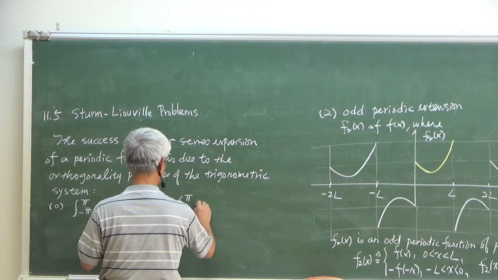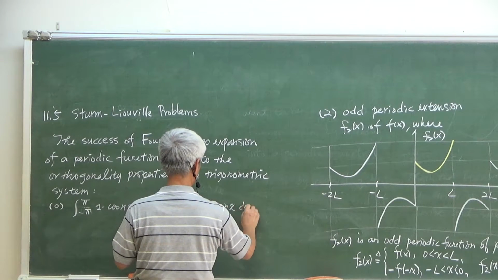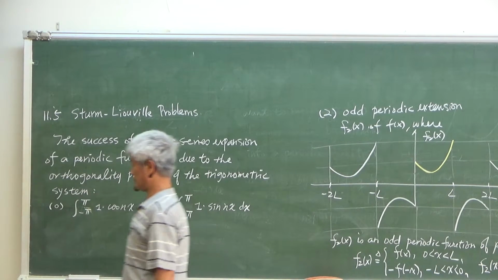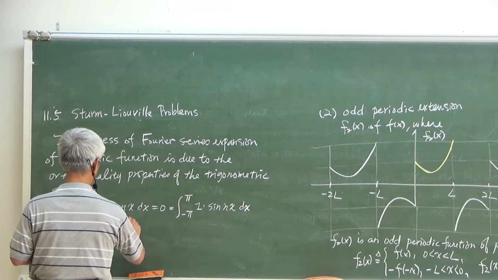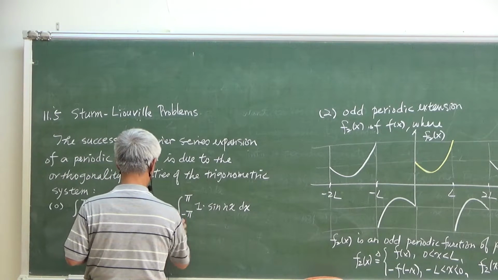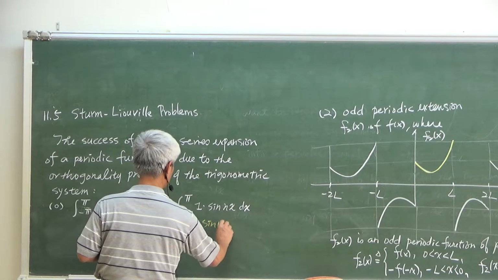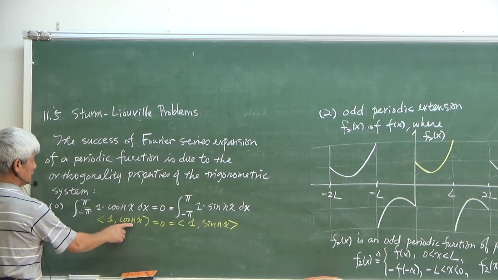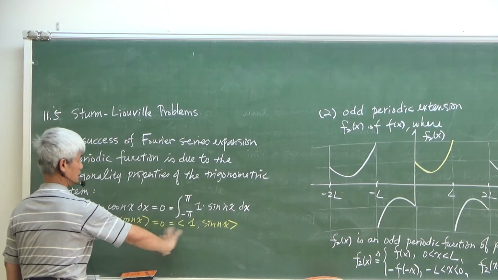By using the inner product space of L2 space, we know that the inner product of the constant function and the cosine functions is 0.